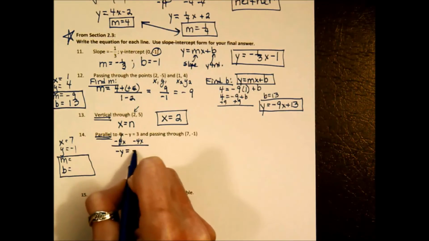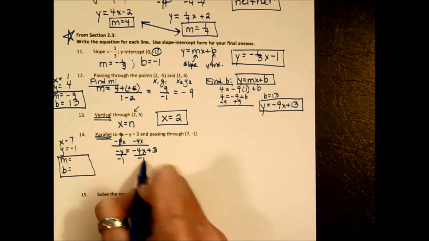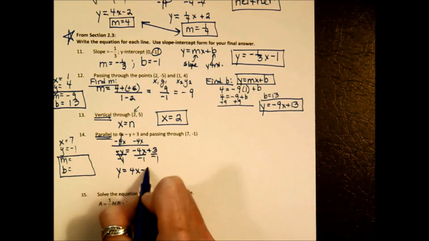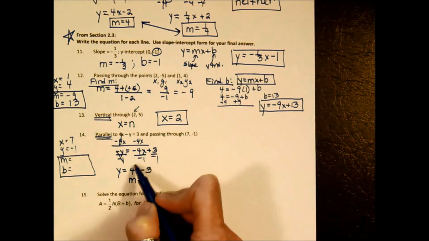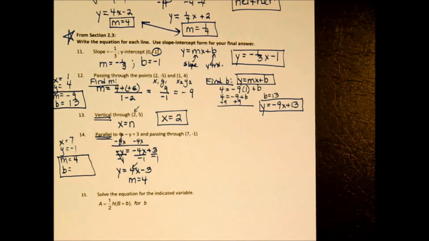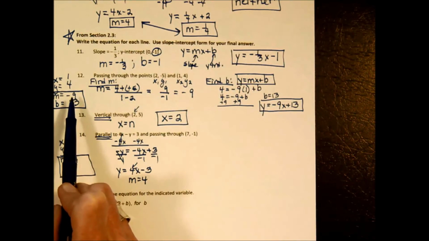So I am finding that slope by rearranging and getting my equation in y equals mx plus b form. The slope of this line is 4. Right there it is. And since my line is parallel, my slope is 4. And now we're right back to where we were on the prior problem when I had slope as -9.